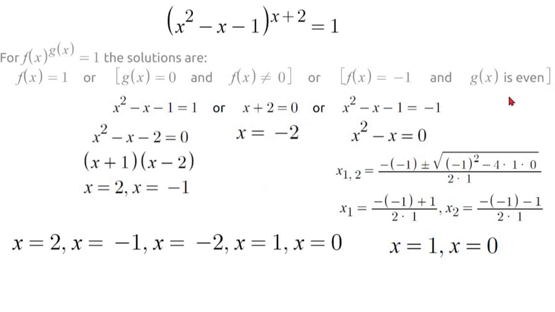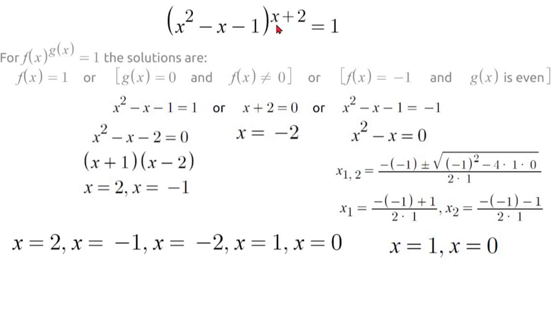Now with our right side, when f of x is equal to negative 1 and g of x has to be even. So the two answers we got here were 1 and 0. And for g of x, which is x plus 2, if we plug in 0, 0 plus 2 is even, right?